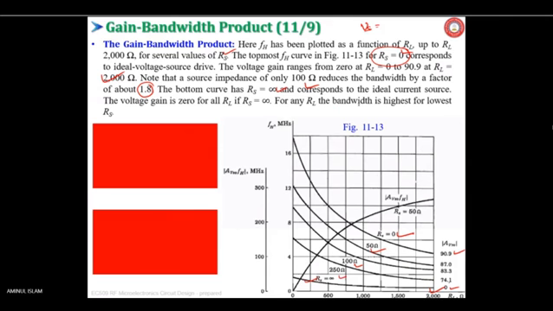The bottom curve has RS equals infinite, corresponding to the ideal current source. Yes, if you are utilizing a current source at the input of the amplifier, then the infinite current source resistance is good. It will be an ideal current source. The voltage gain is 0 for all RL if RS is infinite.